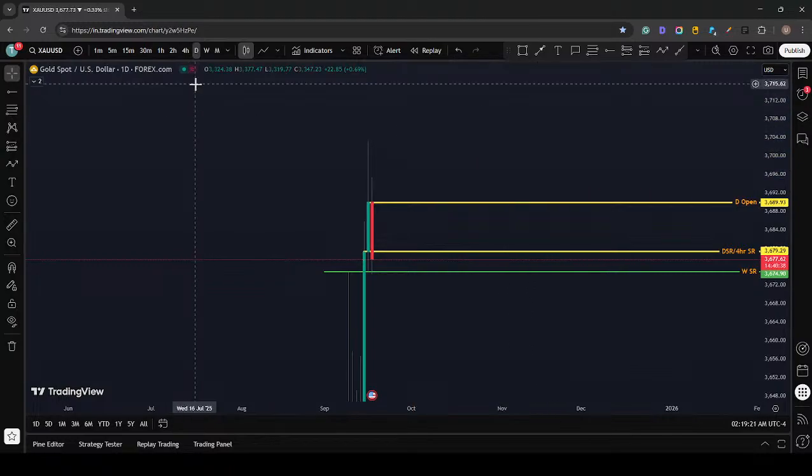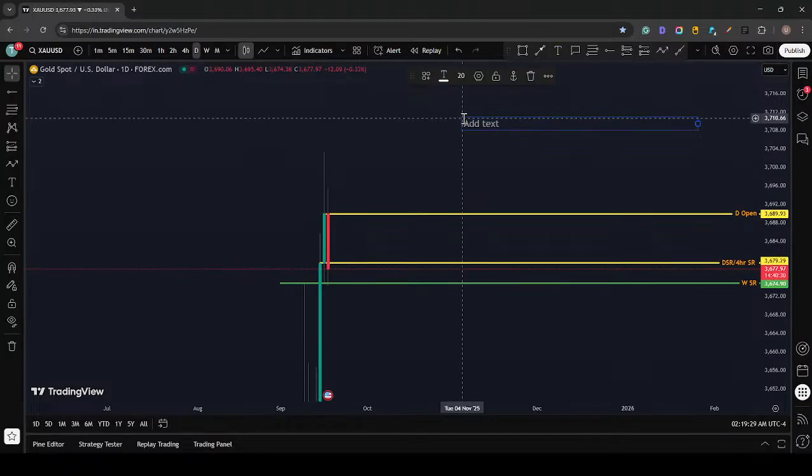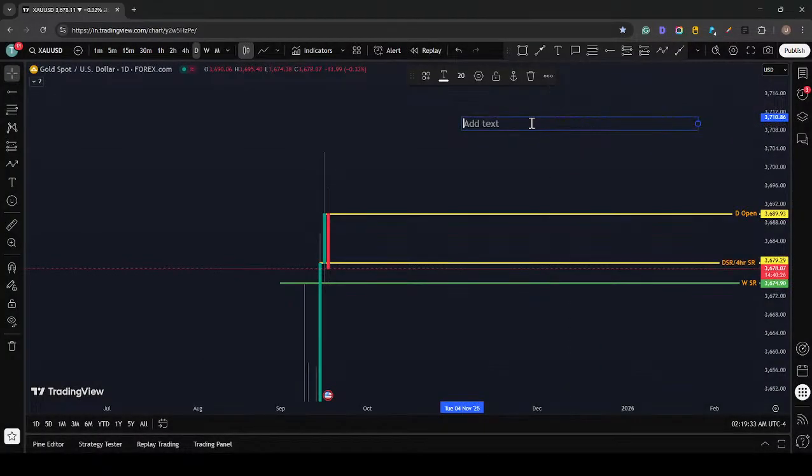In the beginning, I had a lot of issues coming up with the bias, and now I follow this simple approach. Let me write it here. Okay, let me share. Let's just share it first. Let me share the stream.